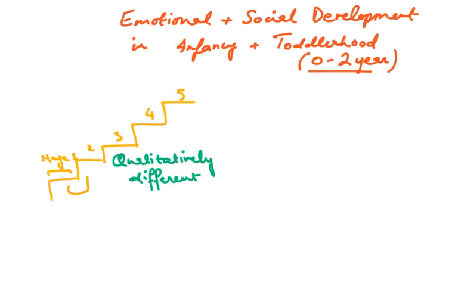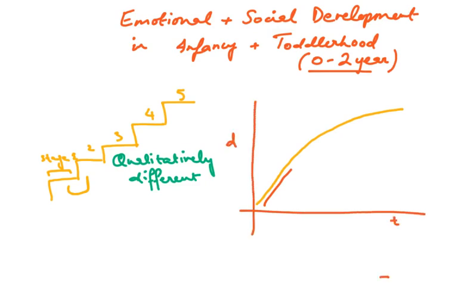A continuous process is better depicted by this kind of graph, which shows development as cumulative, so it's happening over time. This is basically development against time. You have the dimension of time here and development happening here, and what it shows is an accumulation.